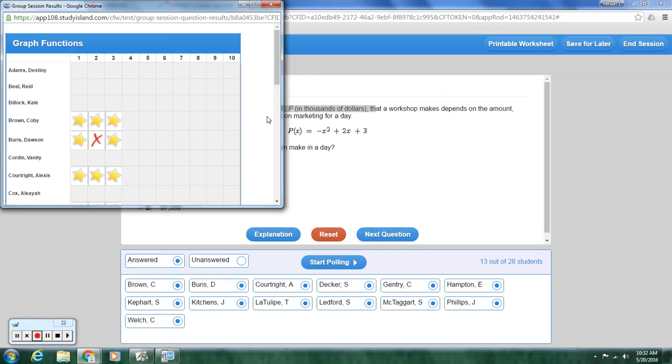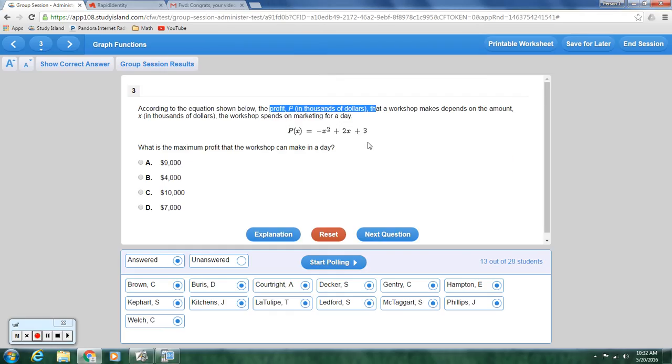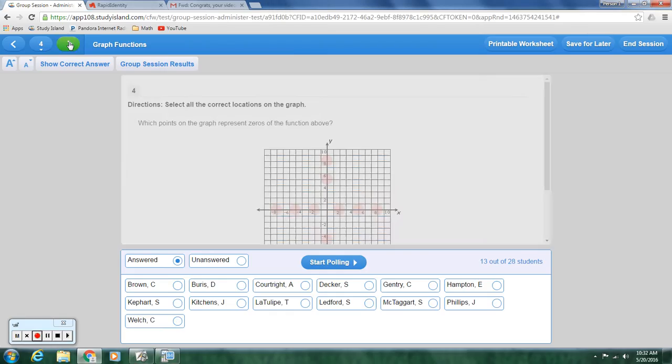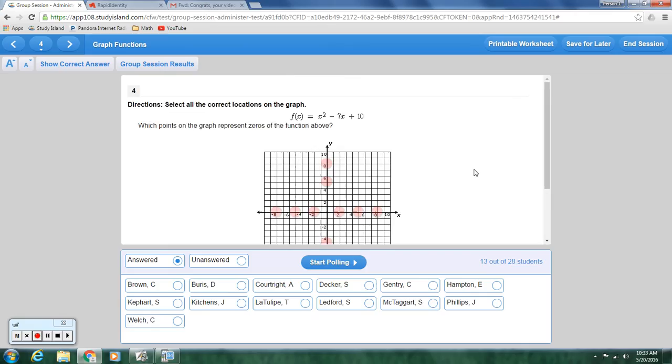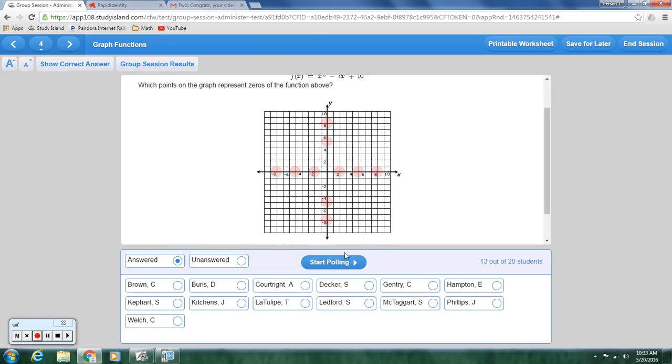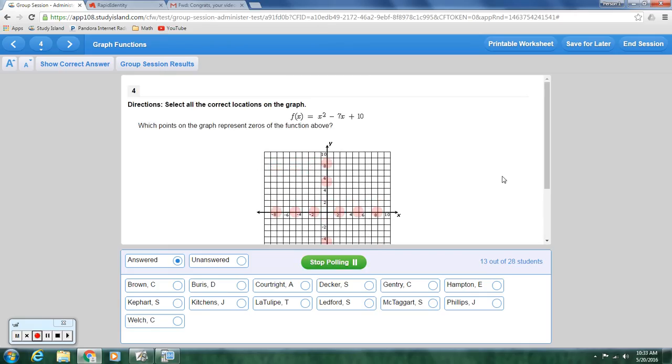If everybody gets this next one right, we'll quit. Y'all can start this stuff. That's not hard though. It says which points on the graph represent zeros of the function. You have to know what zeros are: zeros, roots, solutions, x-intercept. So you click on any point that represents zeros.